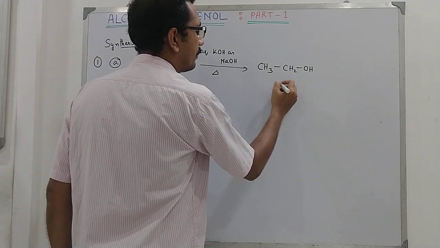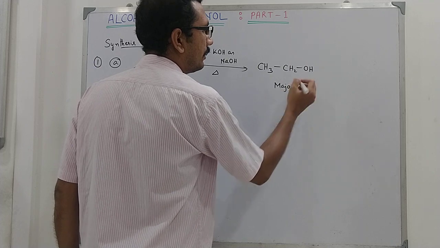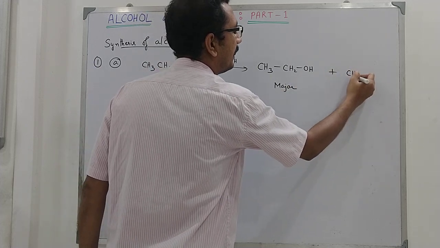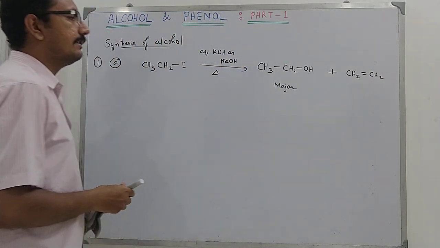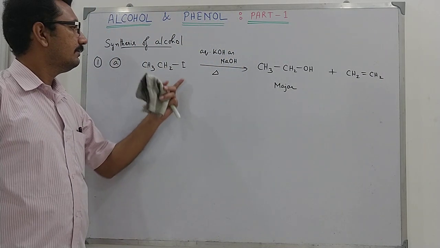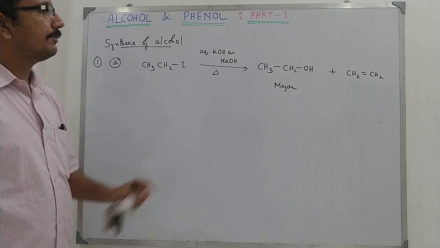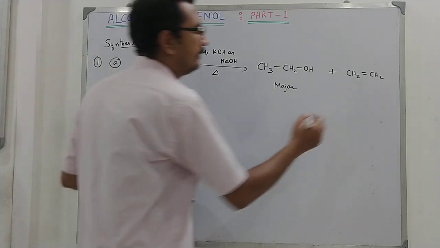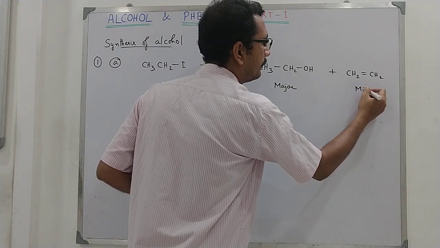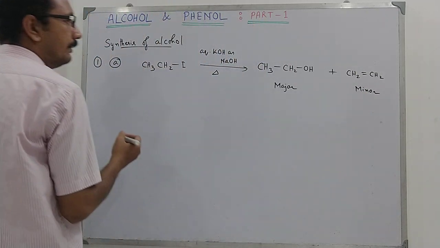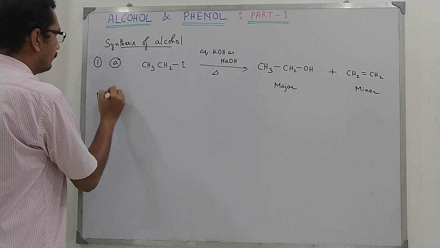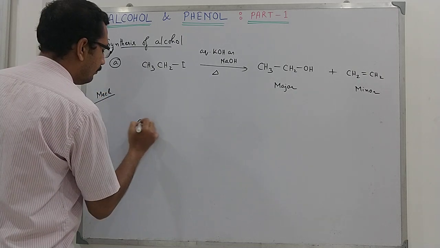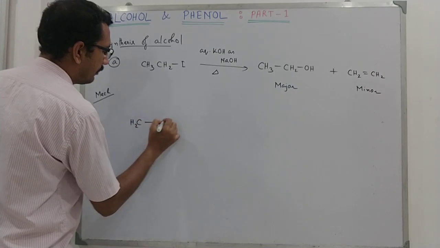Now this will be the major product. Now what will be the minor product? The minor product in this reaction is ethene. So we will get alkene when we perform this type of reaction. This will however be minor. The mechanism for this is E2, that is elimination second order.